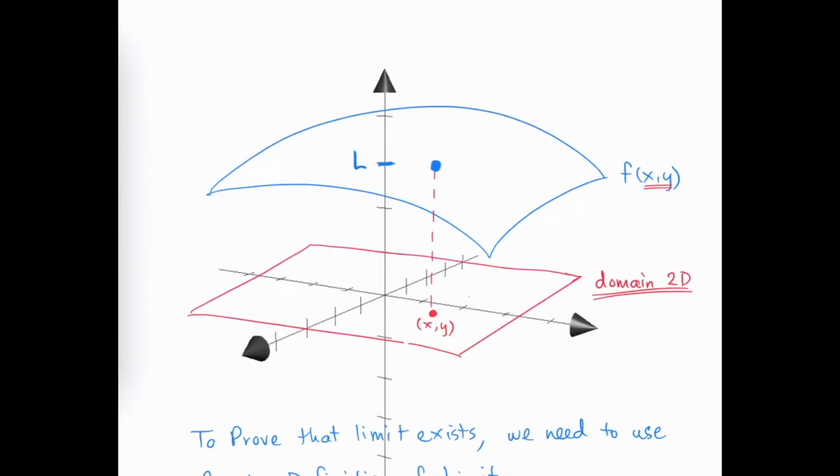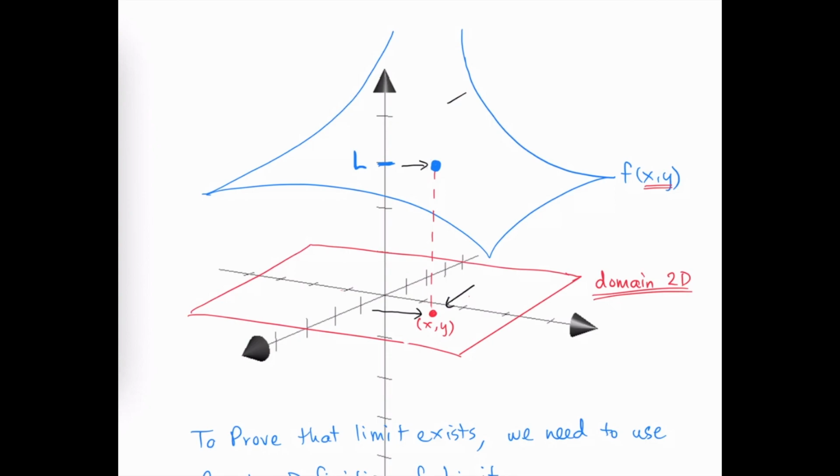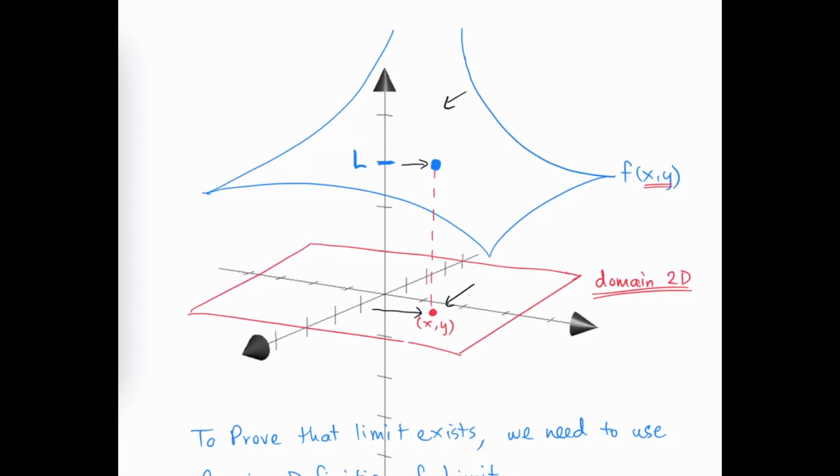So up here on our concept drawing, if we can say that from one approach, our y values approach one output value, but if I come from a different approach path, I'm going to change my graph a little bit here, it's pretty tricky to demonstrate, but if we were coming from a different approach path and we approached a different limit, let's say L1 and L2, and these values are not the same, then we would say that the limit does not exist at this domain element.